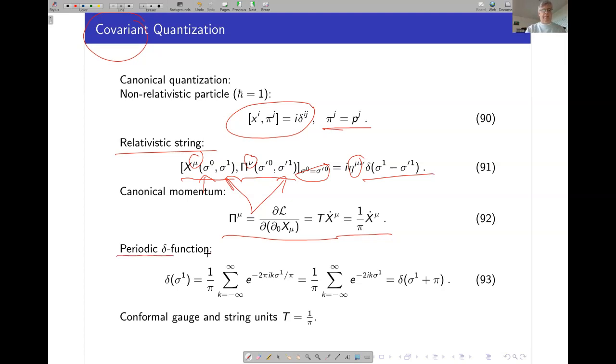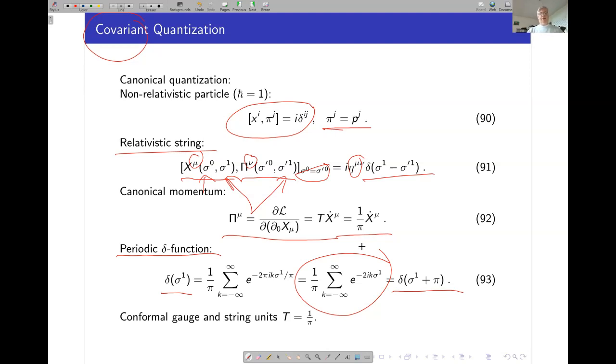So it is a periodic delta function, or Dirac comb, as it is sometimes called. And a periodic delta function can simply be characterized by its Fourier series. Now, you will probably know that the Dirac delta function normally is represented by a Fourier integral. And if you want to have a periodic boundary condition, then it becomes a Fourier series.